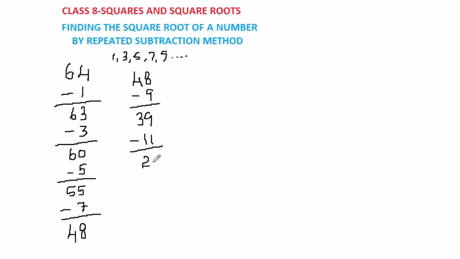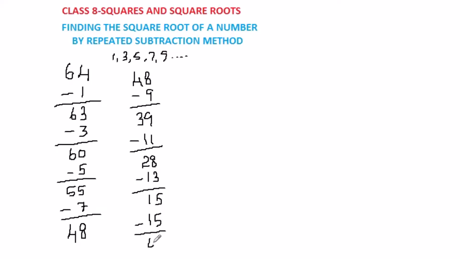Then the next number, 13, the answer is 15. Now the next odd number in this sequence 1, 3, 5, 7, 9, 11 and 13 is 15. We subtract 15, then we get 0.